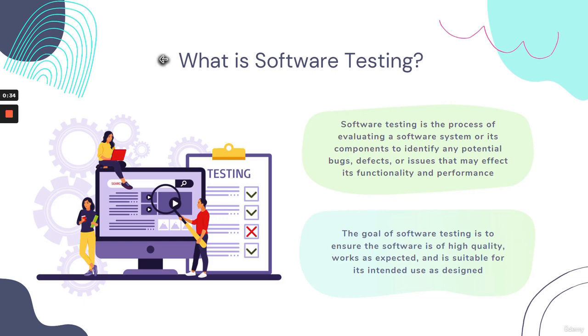The goal of software testing is to ensure the software is of high quality, works as expected, and is suitable for its intended use as designed. Software testing and quality assurance are interchangeable and oftentimes used in place of one another.